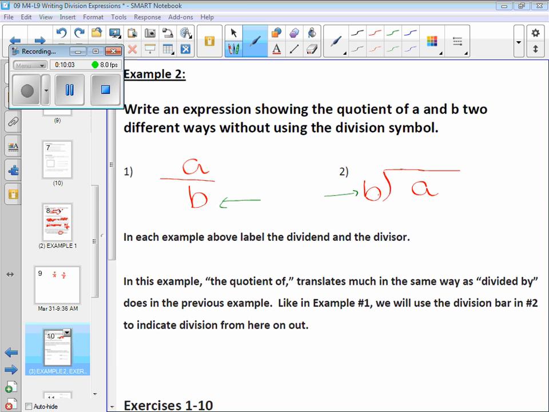Is B the divisor or the dividend? Good. Therefore, A is the dividend. Okay, so now we're back to what I had on the cover.